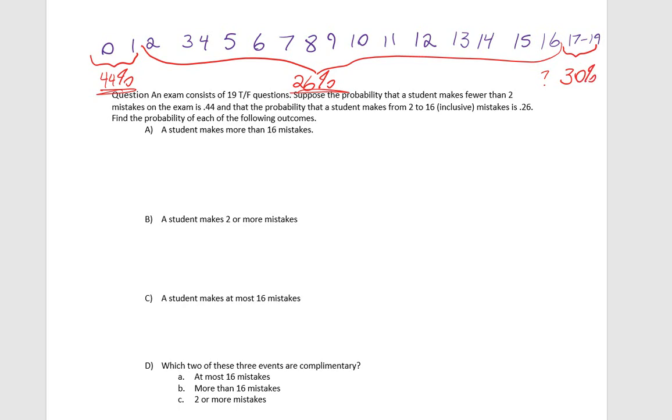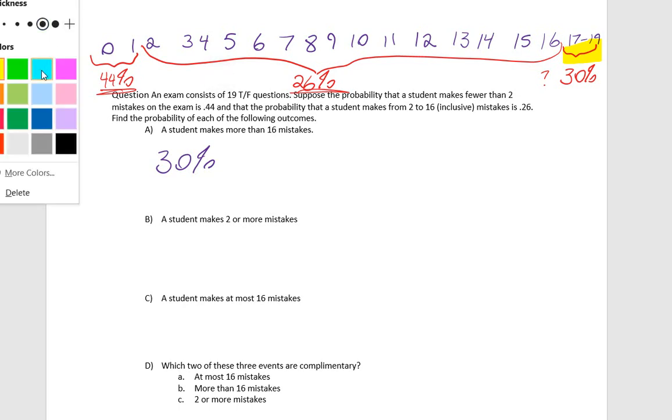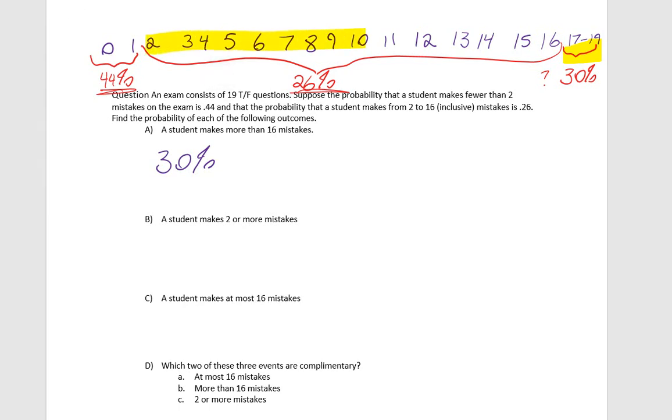So the probability that a student makes more than 16 mistakes, that would be this right here. We just found it, it's 30%. The probability a student makes 2 or more mistakes, that would be all of these.